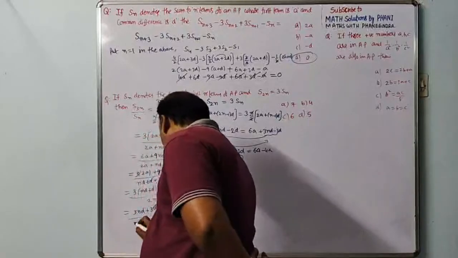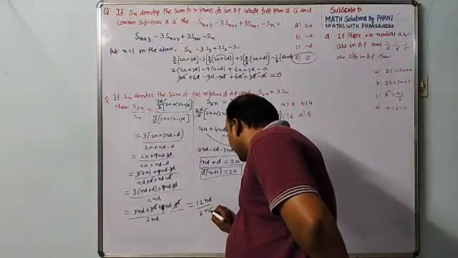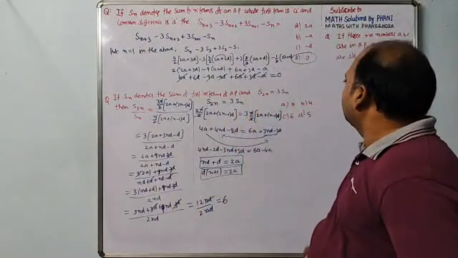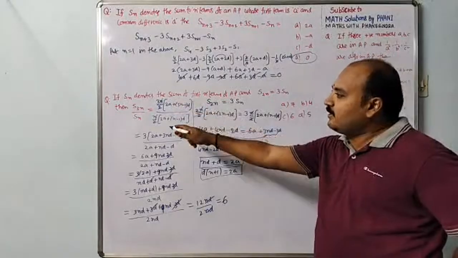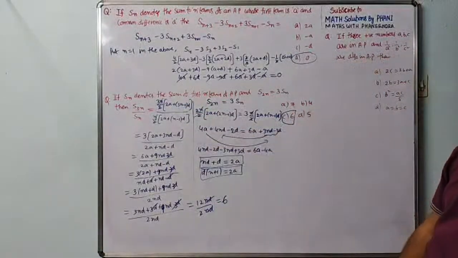So minus 3d plus 3d get cancelled. 12nd divided by 2nd. So 12 by 2 means 6. So this value S3n by Sn is equal to 6. It is there in the third option, dear students.